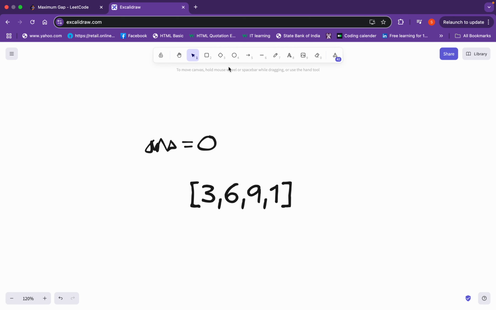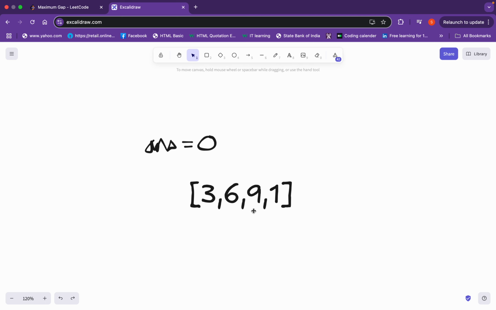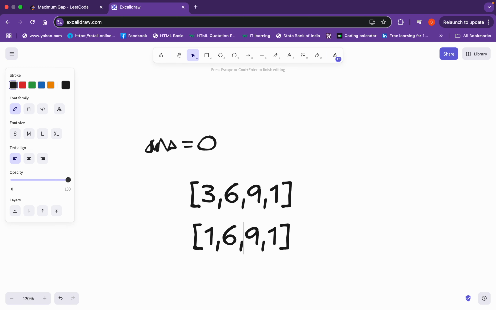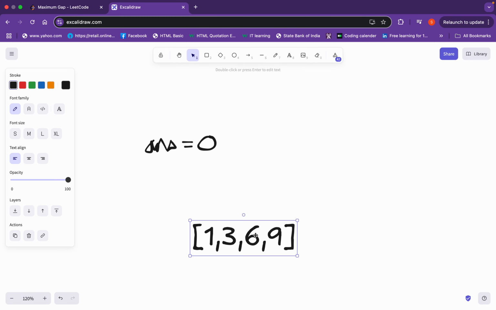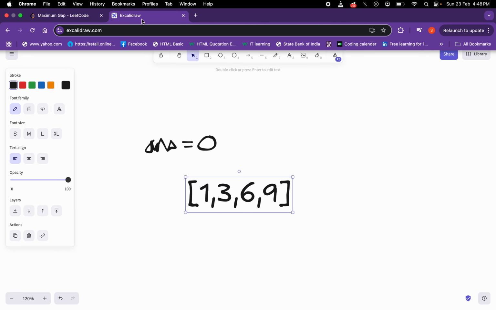First we are at index 0, but before computing this we need to sort it, right? So after sorting this, it will become 1, then 3, then 6, then 9. Now we can run over this loop.